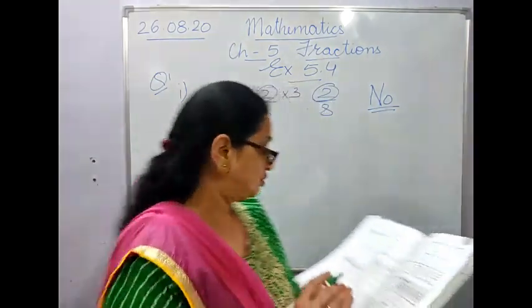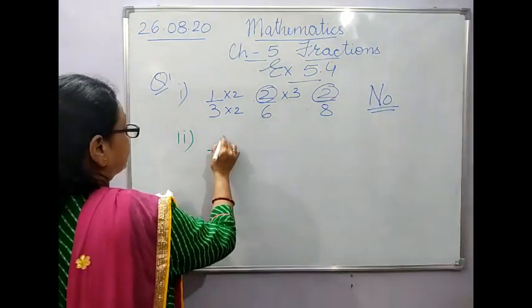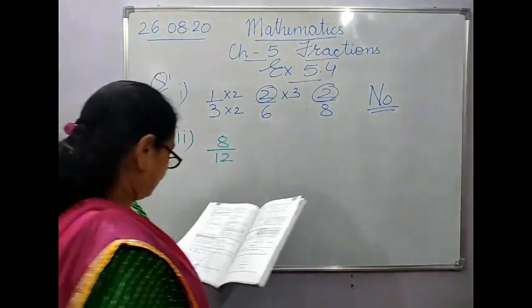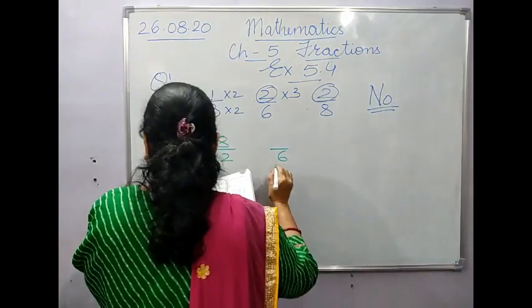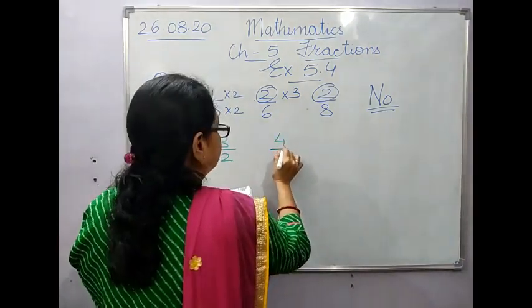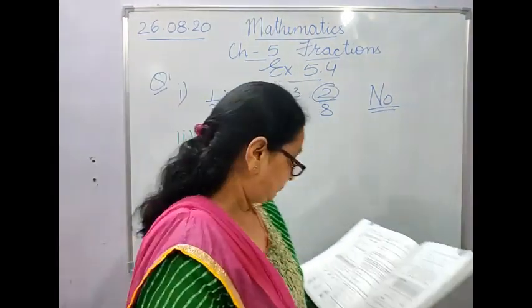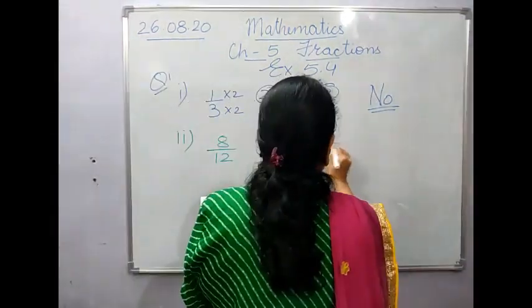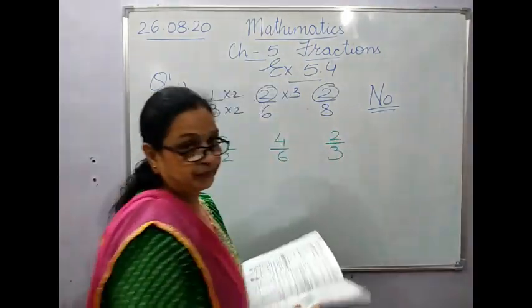It is 4 threes are 12. 12 balls are there, out of which 8 are shaded. In the second one, 6 balls are there, out of which 4 are shaded. We normally write the shaded part above the bar. And in the next one, it is 3 and out of which 2 are shaded.